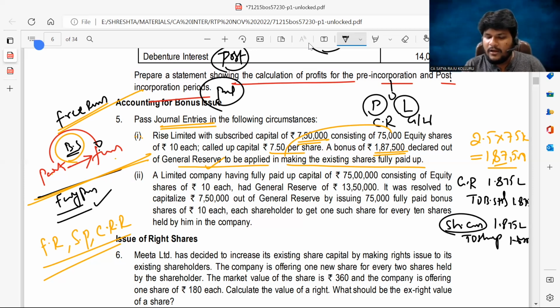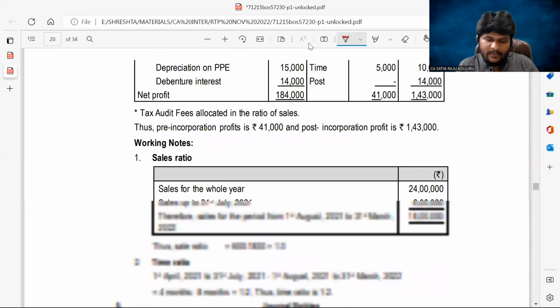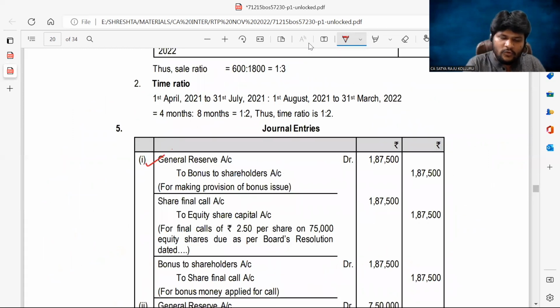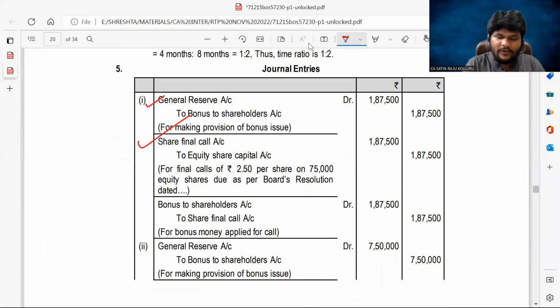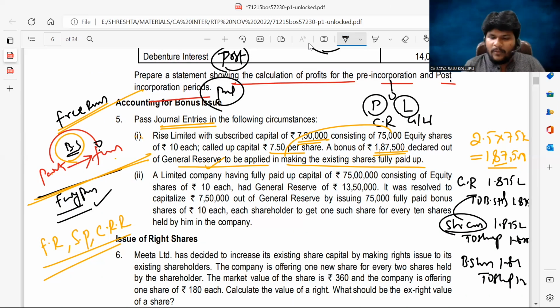This share call should be knocked off with the bonus to shareholders by passing the entry bonus to shareholders account debit to share call account. These are the entries. If you want, you can cross check with the printed solution as well. That is general reserve to bonus to shareholders, share call to equity share capital, bonus to shareholders to share final call. Now come to the second scenario.